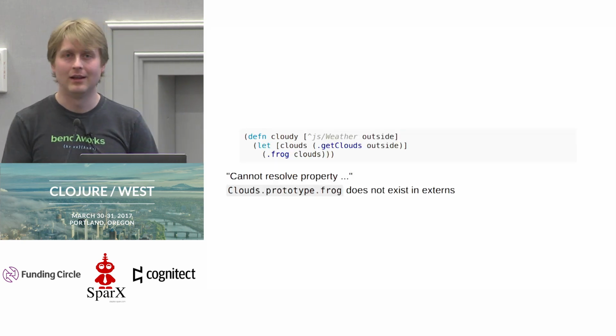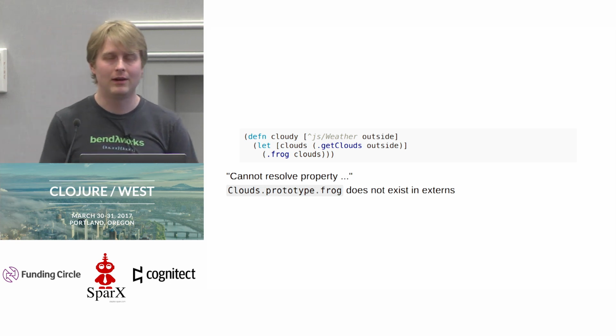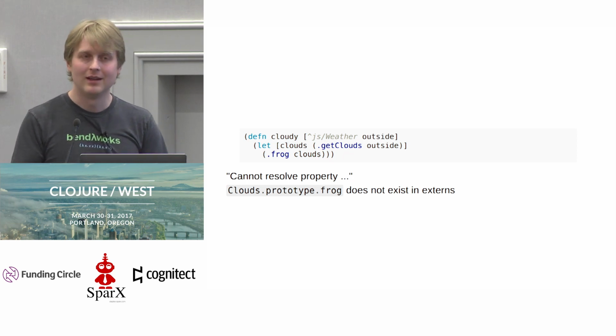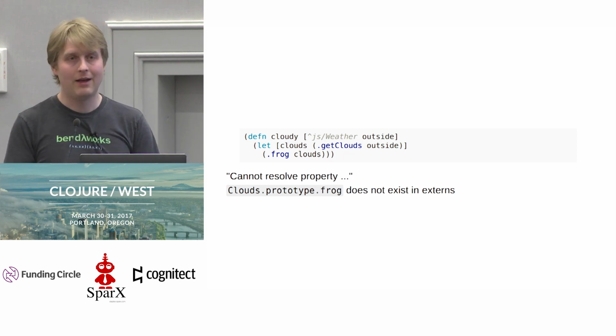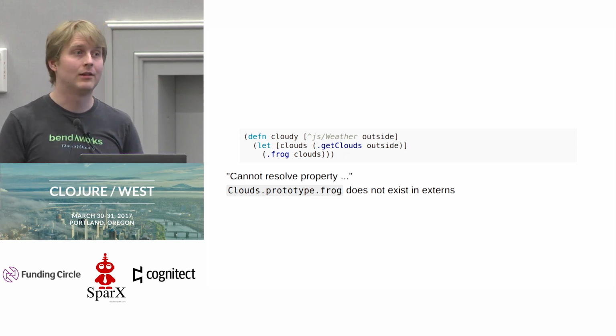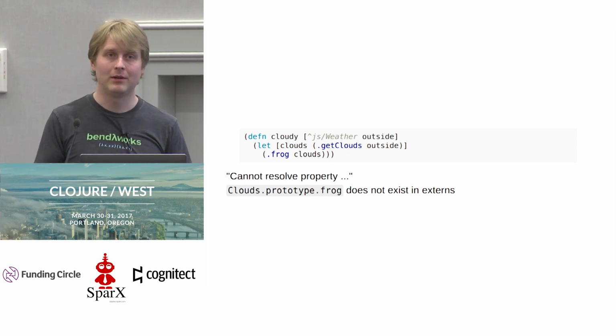And the final warning is, say that instead of getType, we say we're going to call frog on clouds, and then we get the warning of "cannot resolve property." And this is because we have clouds in our externs with getType, but we don't have frog in our externs. So ClojureScript is saying, hey, this frog method, I have no idea where this is coming from.